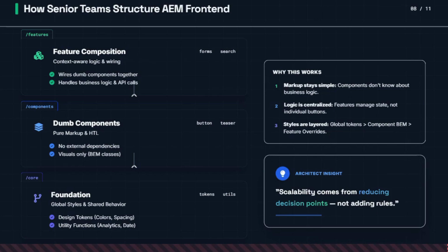Tokens and globals provide consistency, preventing conflicts. Architect insight. Scalability comes from reducing decision points, not adding rules. By separating concerns, not just files, teams create a system where CSS and JS behave predictably. Authors can work safely, and components can evolve without breaking everything else.